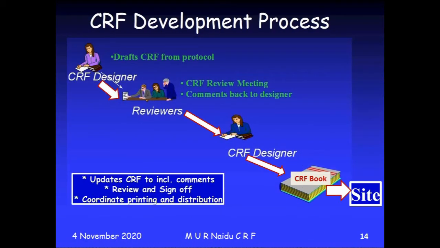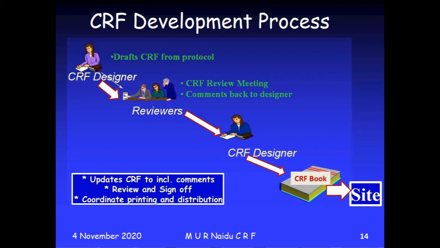Now how do we proceed to develop a case record form? First, the case record form draft is developed from the protocol by the sponsor. Then the people meet together and review each and every component, and once they approve, the final case record form is designed and then converted into the case record form book, which is then sent to the site.